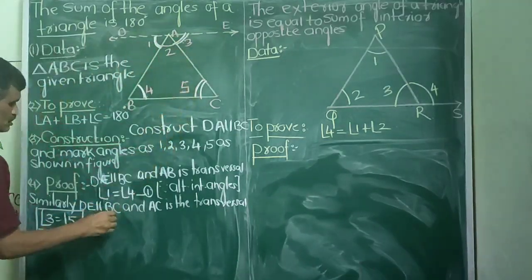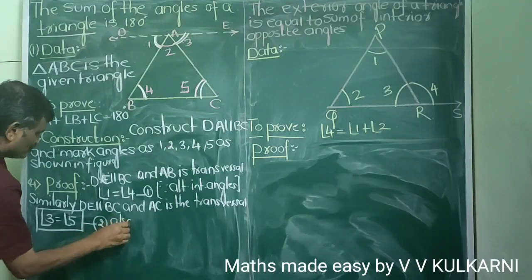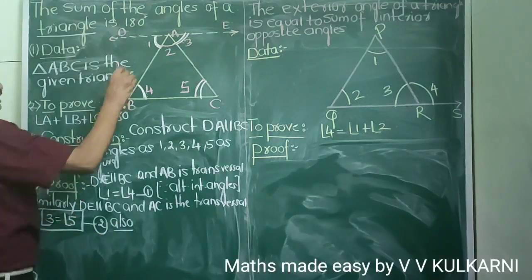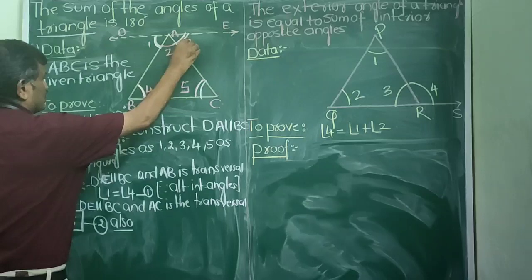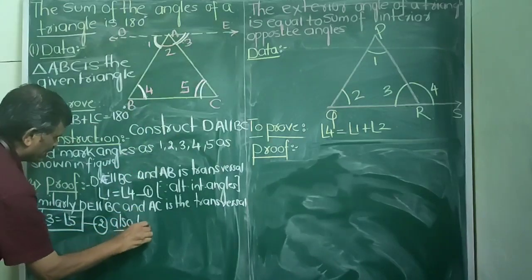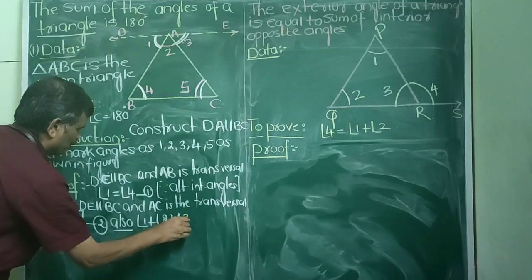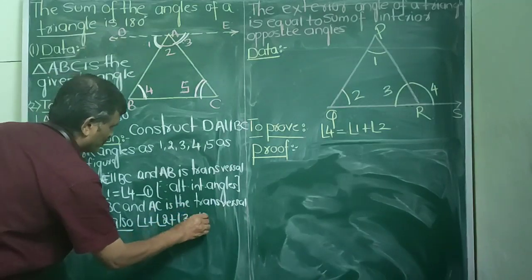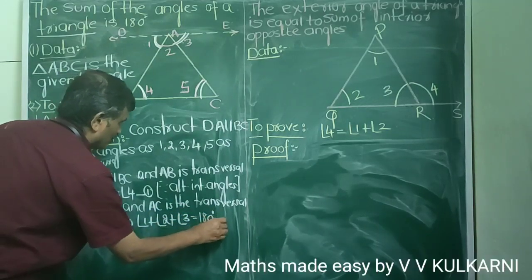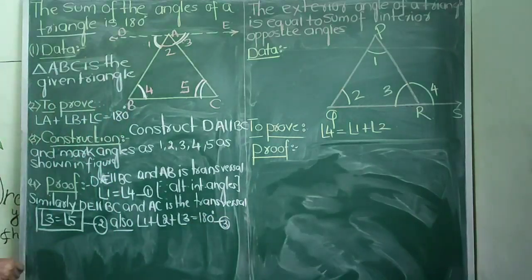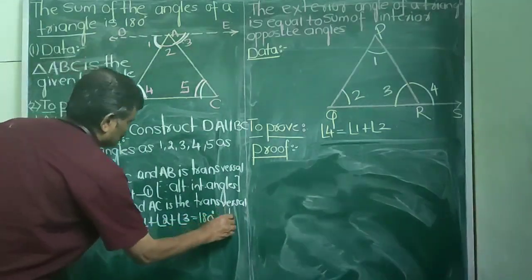Also, children, angle 1 plus angle 2 plus angle 3 is equal to 180 degrees. I'll call this equation number 3, because of linear pairs.